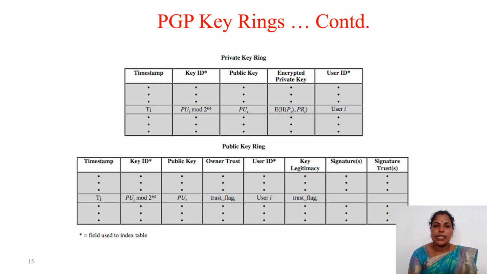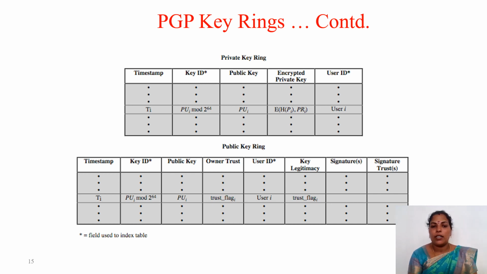The private key ring format is like this: timestamp, key ID, public key, encrypted private key, and user ID. The public key ring looks like this: timestamp, key ID, public key, owner trust, user ID, key legitimacy, signature, and signature trust.